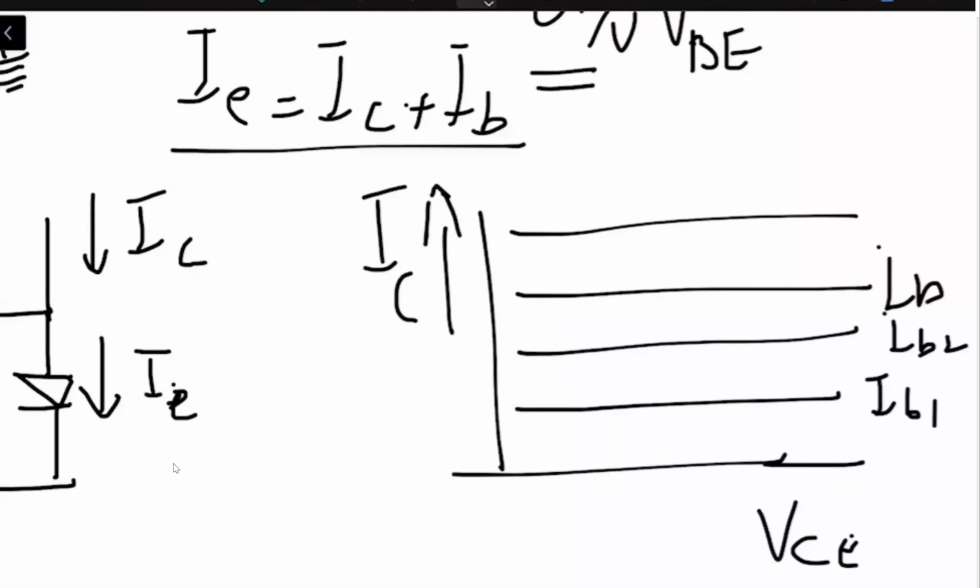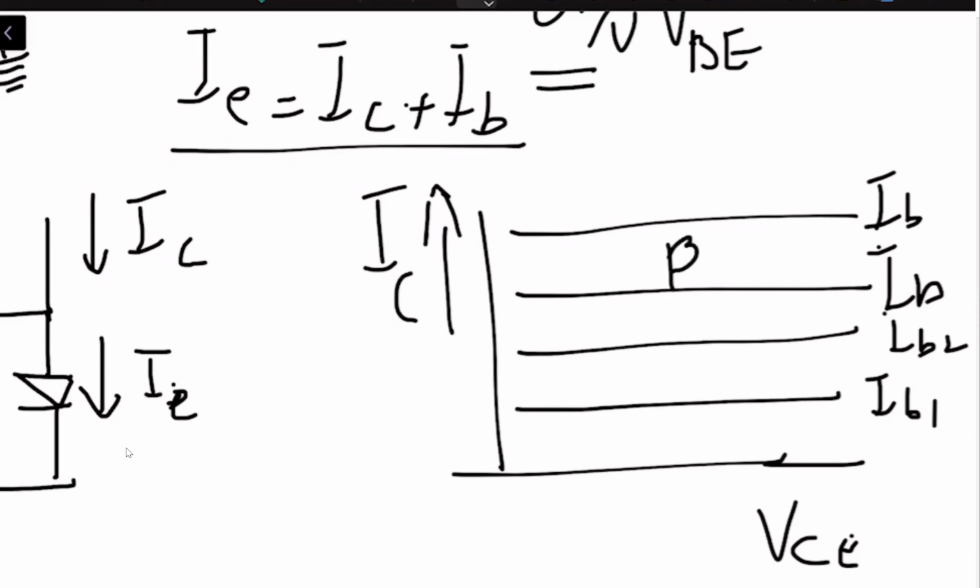As you know, we have the output characteristic curve between IC and VCE. For different values of IB, we have different values of IC flowing in the output circuit, according to the beta values, right?